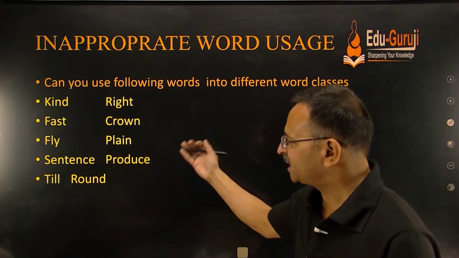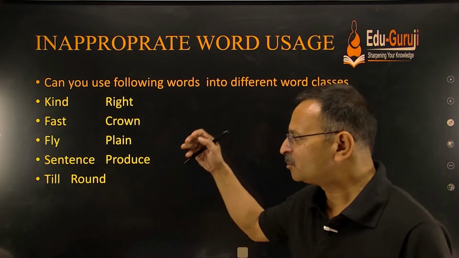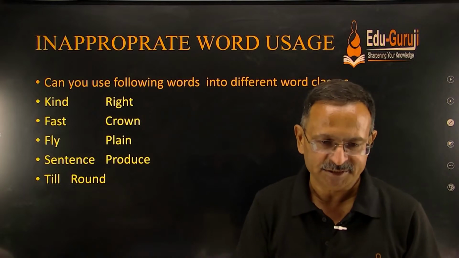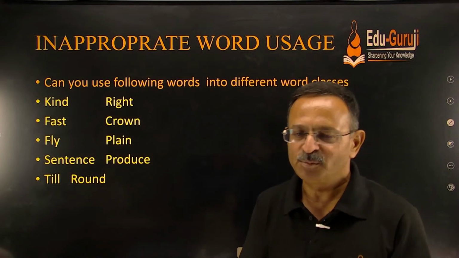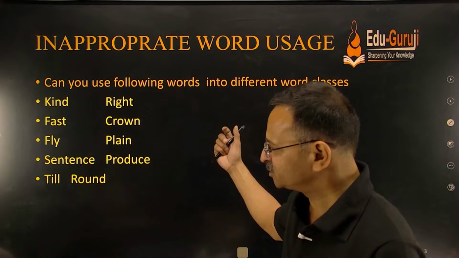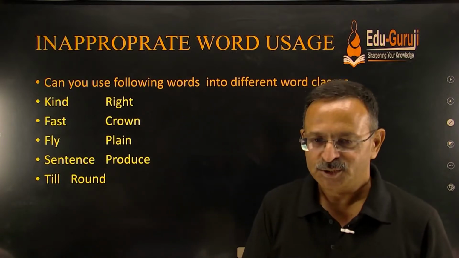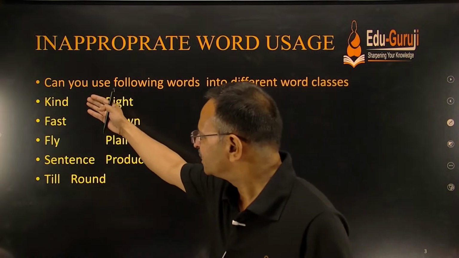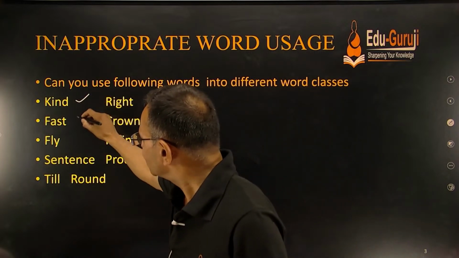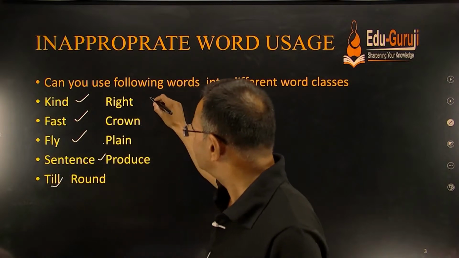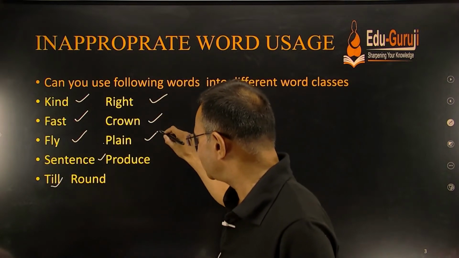We would be dealing with questions related to these words. So again, we will talk about the words kind, fast, fly, sentence, till, right, crown, plain, and produce.